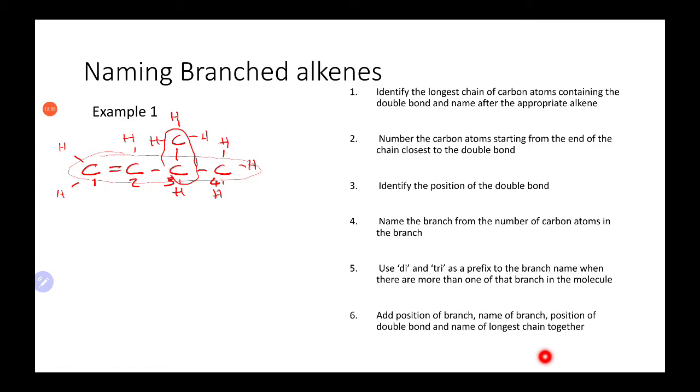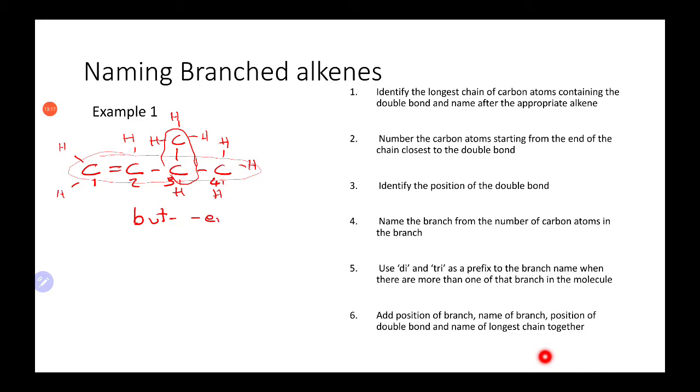Then what we need to do is identify the position of the double bond. First of all, our longest chain here is 4 carbons, so it's but. To identify the position of the double bond, all we need to do is put something between the start and the end of the name.